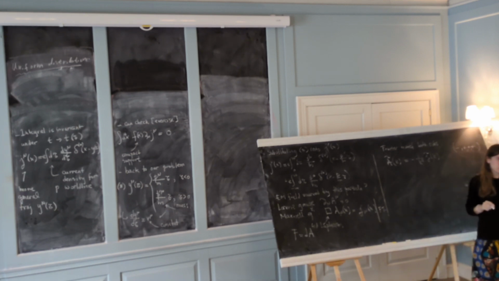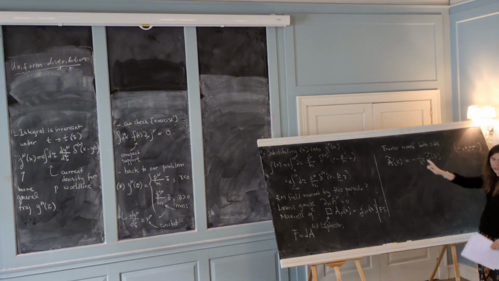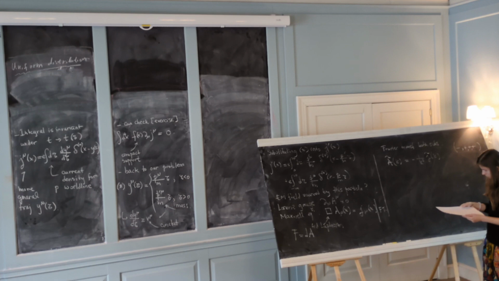Unlike Peskin and Schroeder, who work in the mostly minus signature, so if you want to compare the formulas to theirs, you have to take that into account.